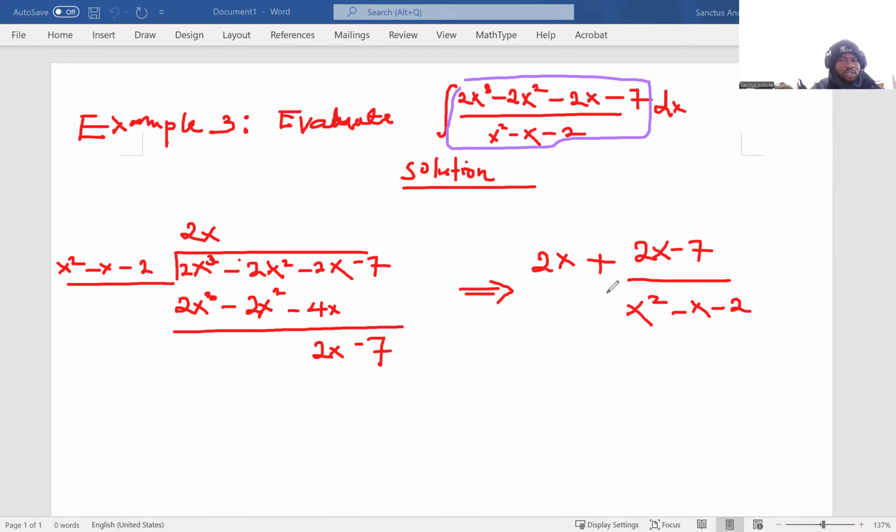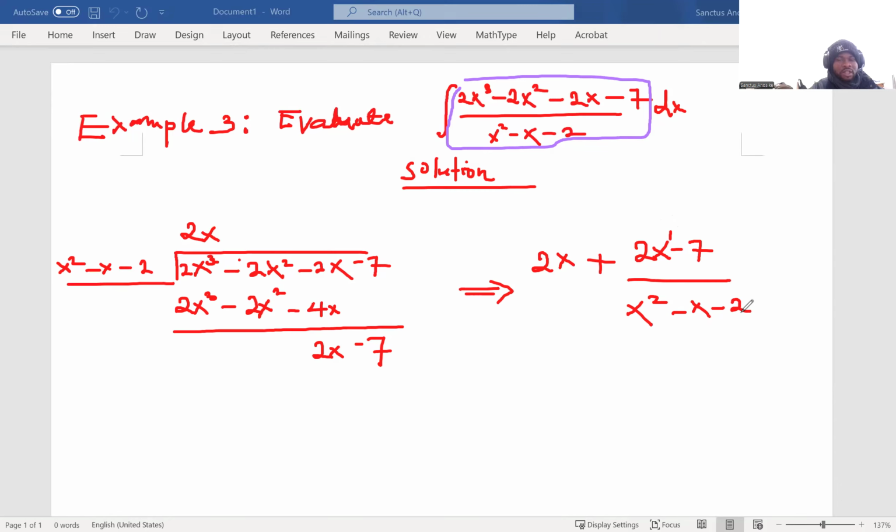I need you to notice that this can easily be integrated, and the later fraction now has a numerator of degree 1 and a denominator of degree 2. This is what we want to achieve: the highest power of x at the numerator is less than the power of x at the denominator.